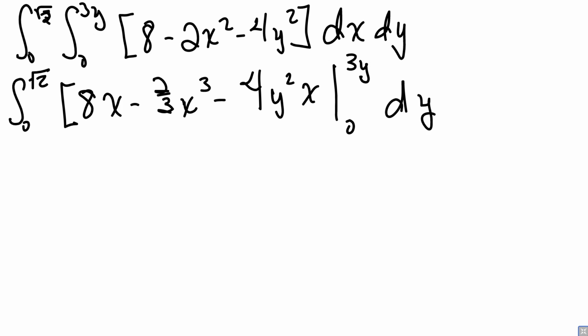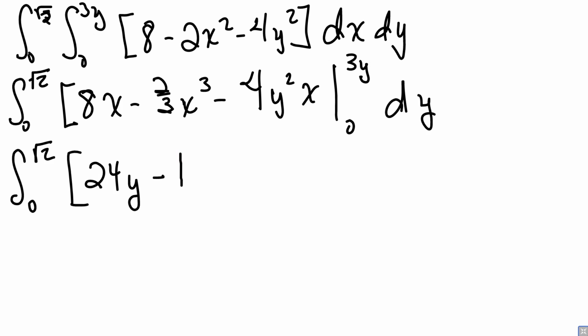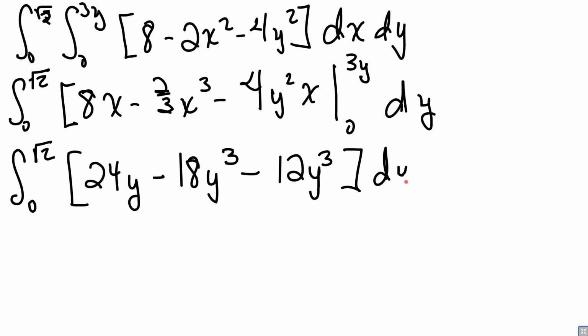Now, the nice thing is that if we plug in 0 for x, it's going to make everything 0. So it makes it nice. So really, we only have to worry about putting in the 3y. If we evaluate at 3y, we're going to have the integral from 0 to the square root of 2 of 24y minus, this is going to give us 18y cubed minus 12y cubed dy.